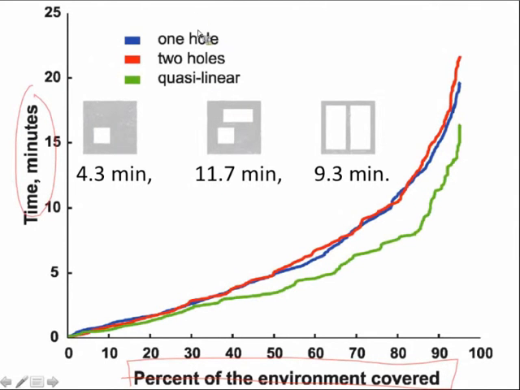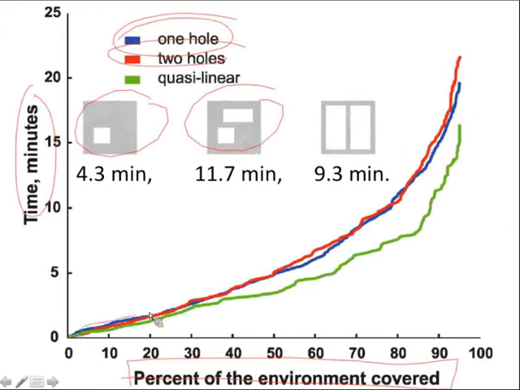So you'll note for the 1 hole, that's the blue curve, as well as for the 2 holes, for these 2 configurations, you can see that it covered about nearly 50% of the environment within the first 5 minutes. And then in about 11, nearly 12 minutes, it covered about 82% of the environment.